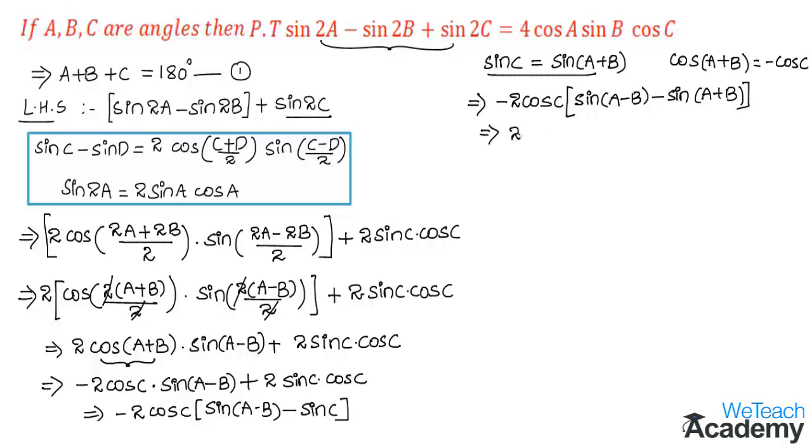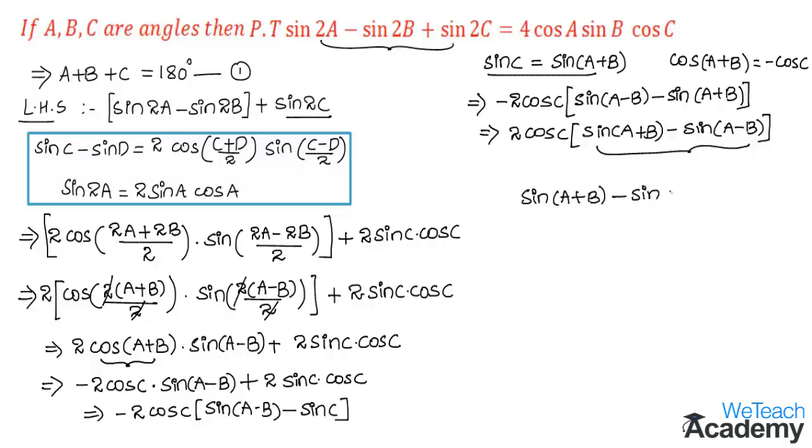So here we get 2 cos c into, here this term becomes negative whereas this term becomes positive. So let us write the positive term, which is sine (a plus b), then the negative term, which is minus sine (a minus b). So here by using the formula of sine (a plus b) minus sine (a minus b), which is equal to 2 cos a sine b, we get 2 cos c into 2 cos a sine b.